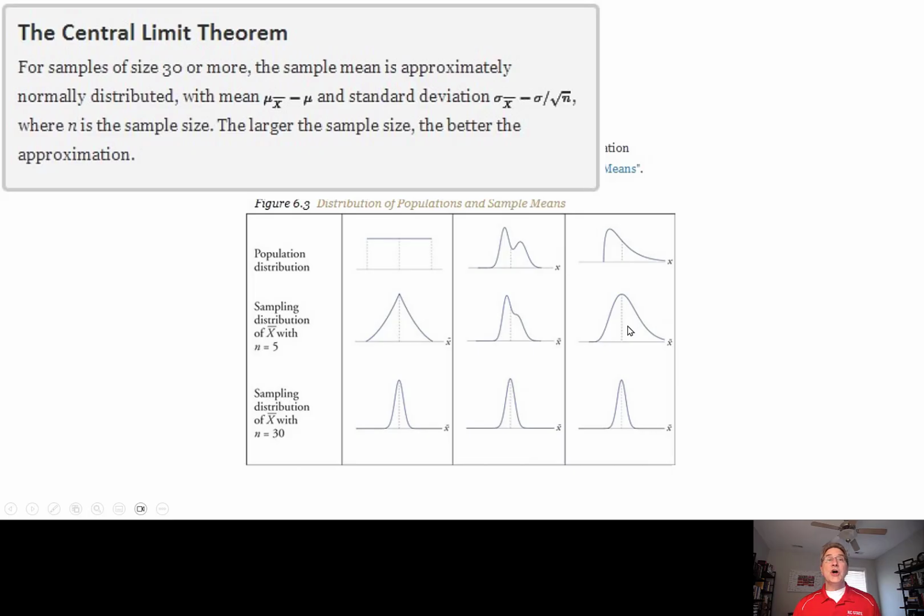All of these look approximately normal. You're saying like, well, that's not normal. I mean, it is. It's symmetric. Even this crazy one's pretty symmetric. Look down here, if I take 30 samples, all of those look normal. So here's what that's telling us. It's showing the proof that no matter what the population distribution, the averages are going to be normally distributed.